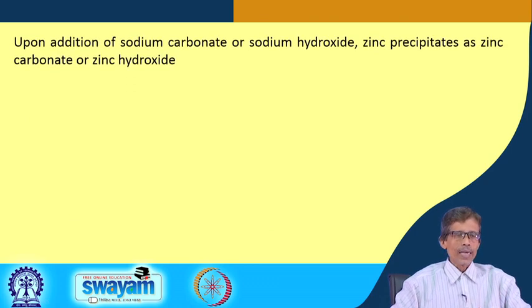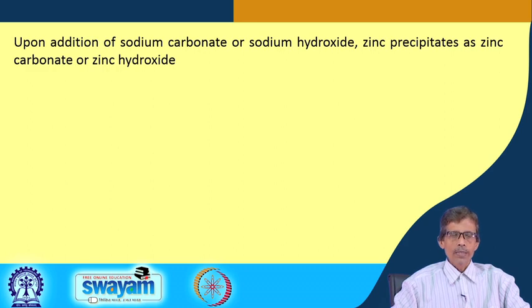So, what we do basically in this reaction is add sodium carbonate or sodium hydroxide. If we want to avoid getting the zinc dithionite, we will have to have the corresponding sodium salt. What will happen then?